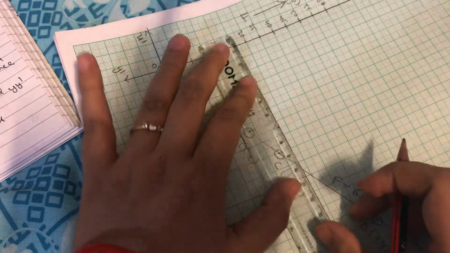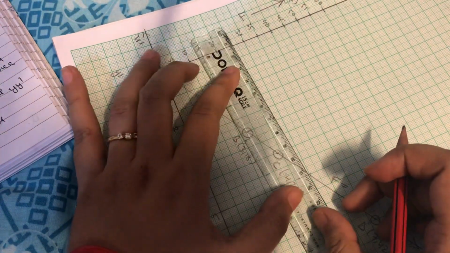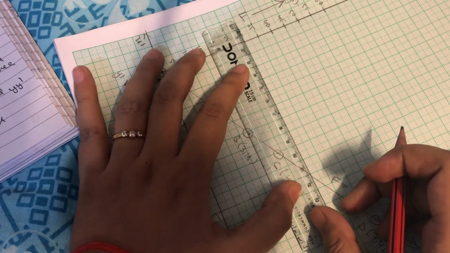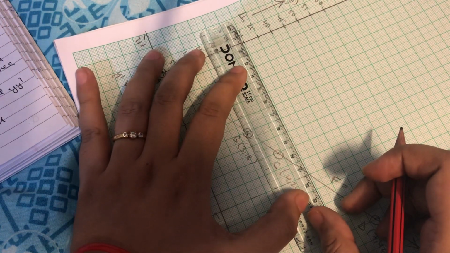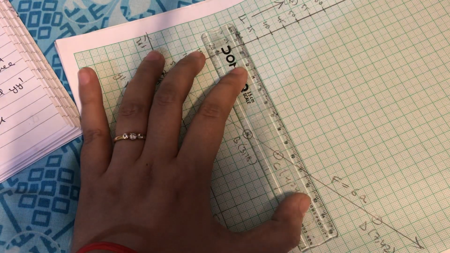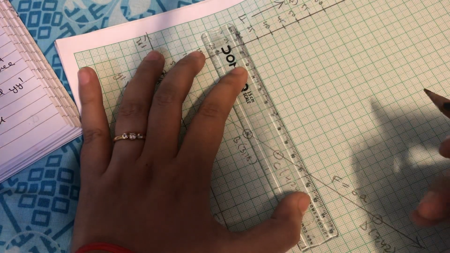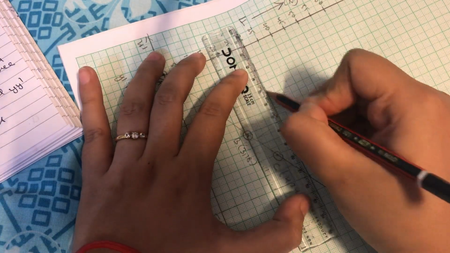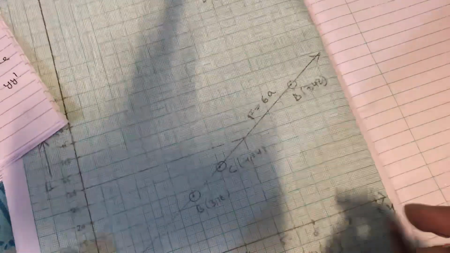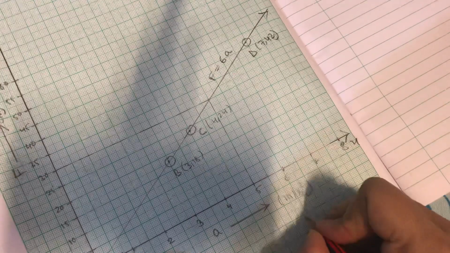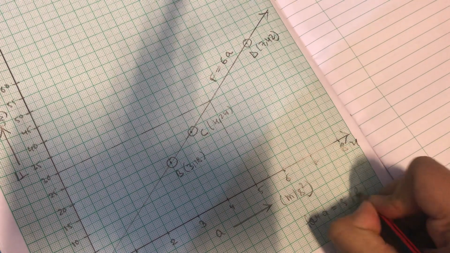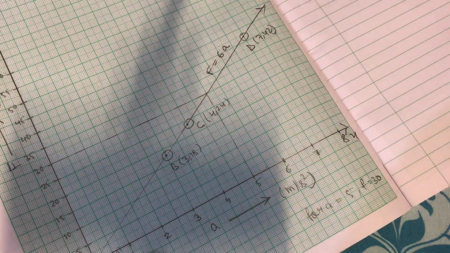From this point again, I'll draw a line which will intersect the y-axis. From here it is very clear that it is intersecting at 30, and from calculation also it came 30. So here I can write for a equals 5, F equals 30, right?